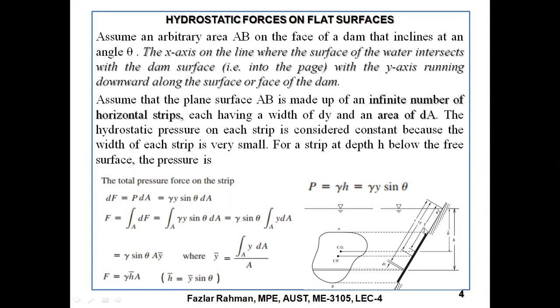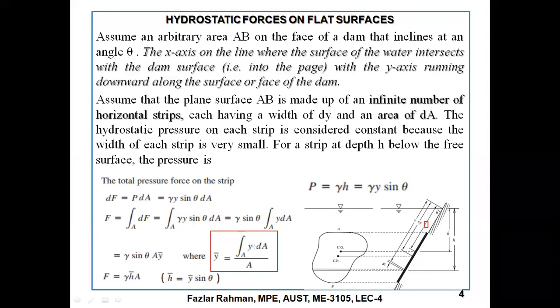Y bar means the inclined distance of the CG. This is the y bar right over here, the inclined distance. This is CG.